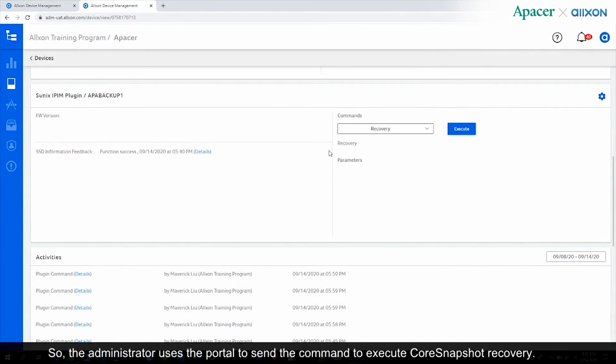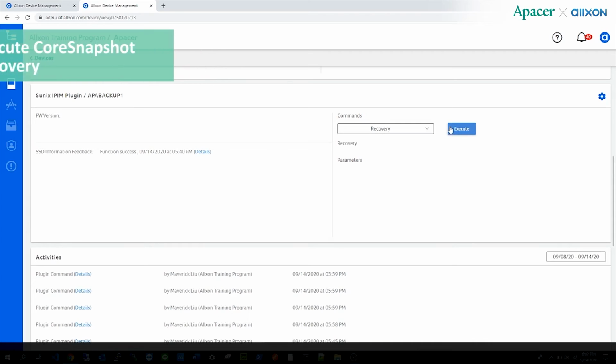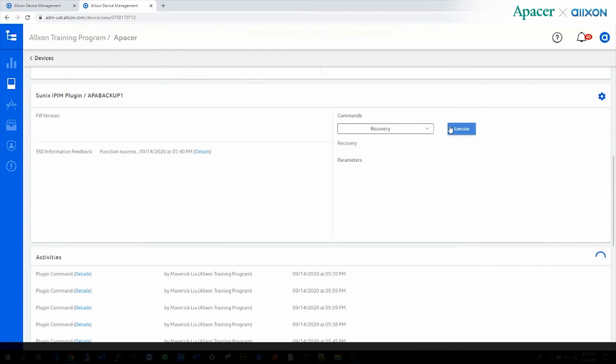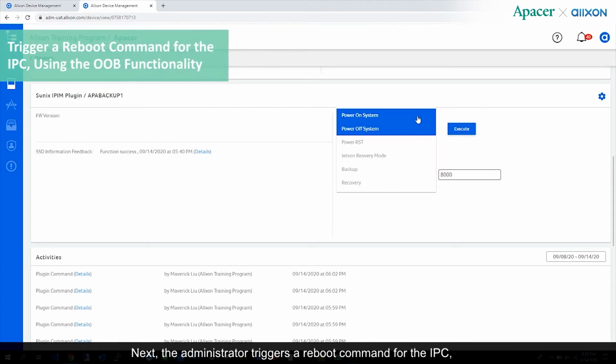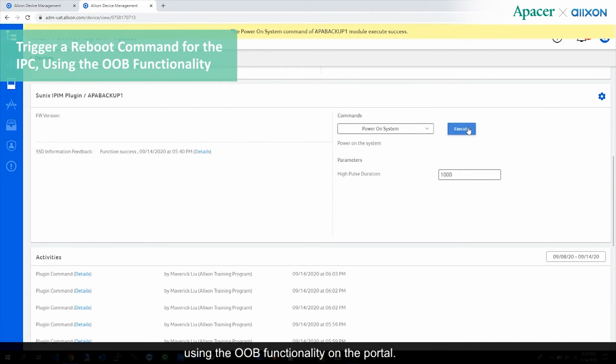So, the administrator uses the portal to send the command to execute CoreSnapshot recovery. Next, the administrator triggers a reboot command for the IPC, using the OOB functionality on the portal.